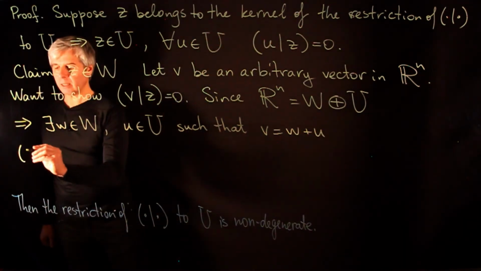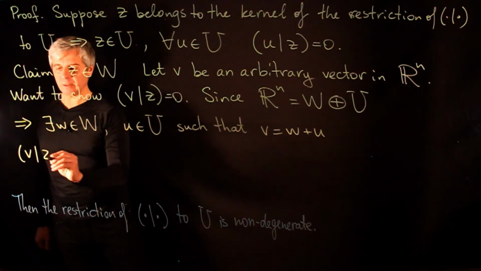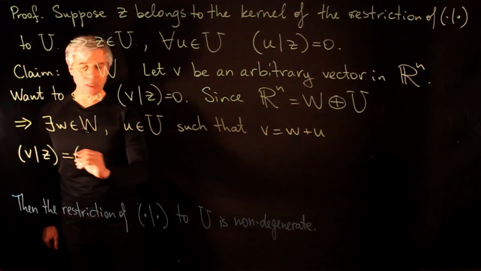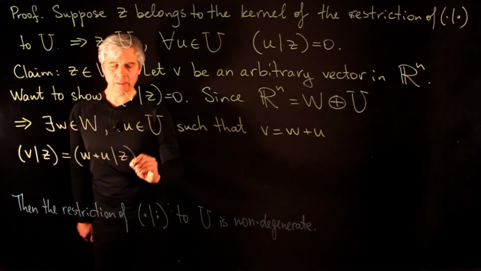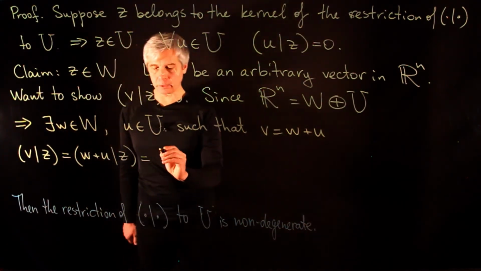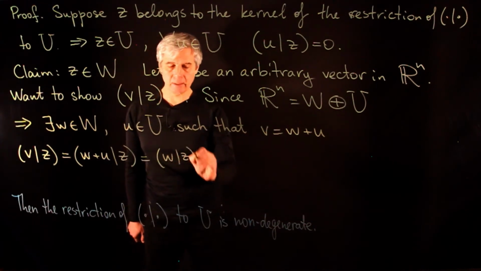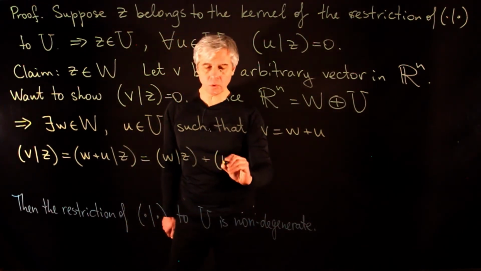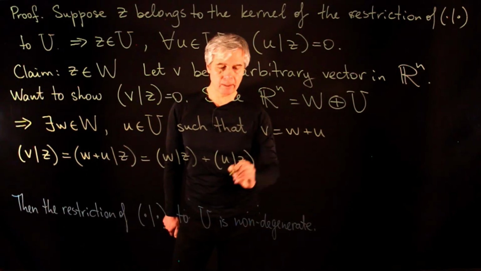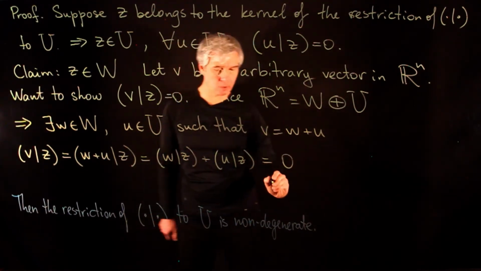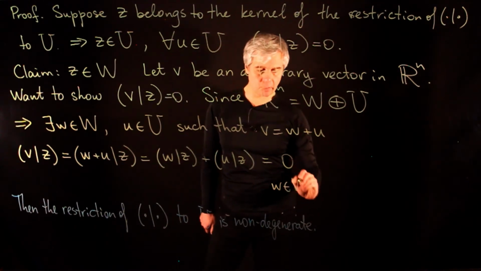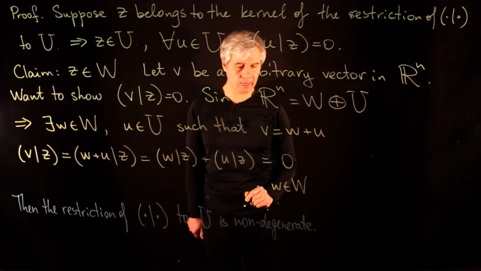But then we can calculate the value of vz. This is equal to w plus u with z, which is equal to wz plus uz. The first is equal to 0 because w is in the kernel of the bilinear form.